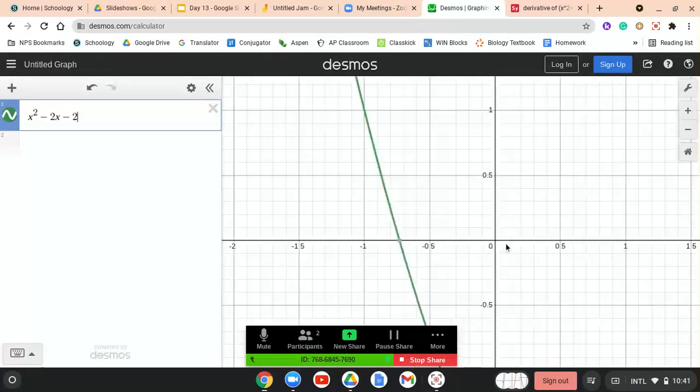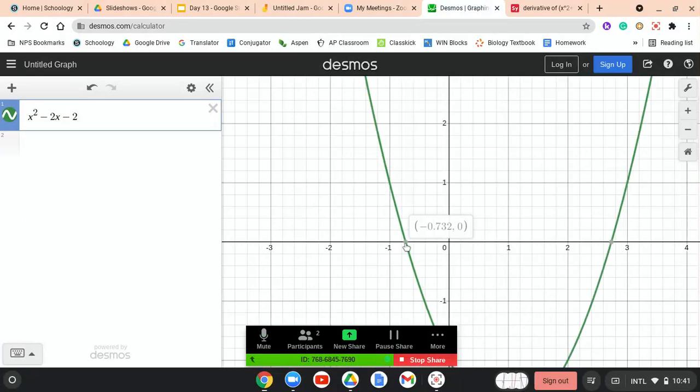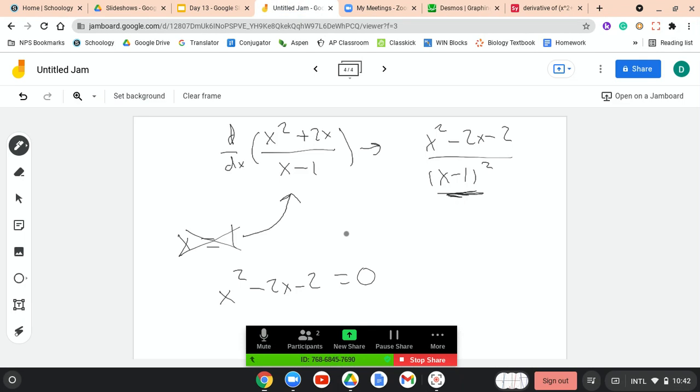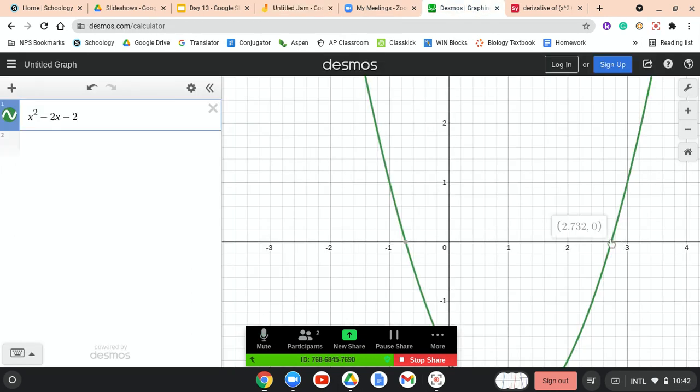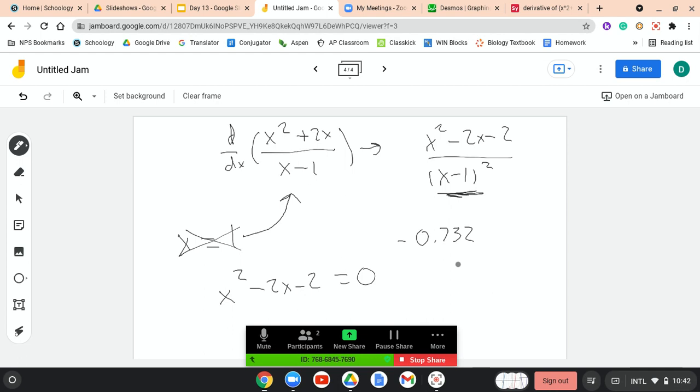All right, so it's going to occur at negative 0.732 and 2.732. So here are our 2 critical points we have to examine. And these critical points will make the original function defined. So these are legitimate points we have to consider.